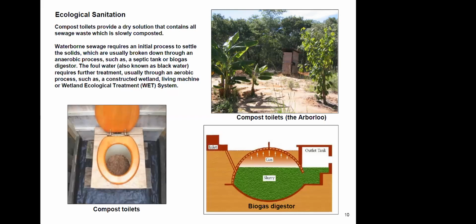Any smaller and the magic doesn't happen. Any larger and you get too much of an anaerobic process happening. So it needs to be sufficiently ventilated, but the temperatures inside there can rise beyond 55 degrees. And according to the World Health standards, you only need to cook these things naturally above 55 degrees for longer than 3 hours, and no pathogen will survive that. So we know how to deal with the pathogens.